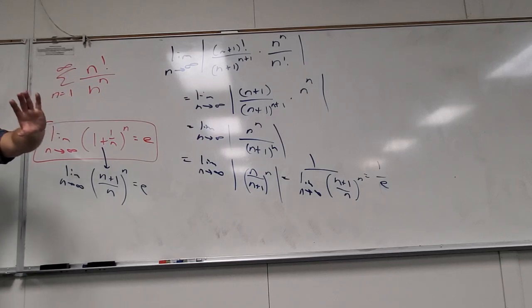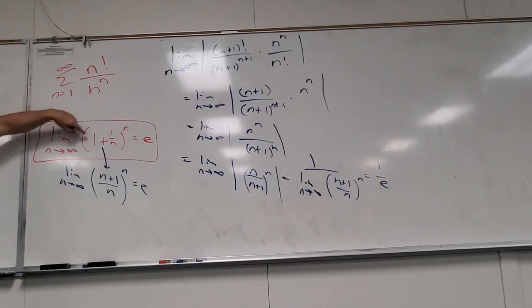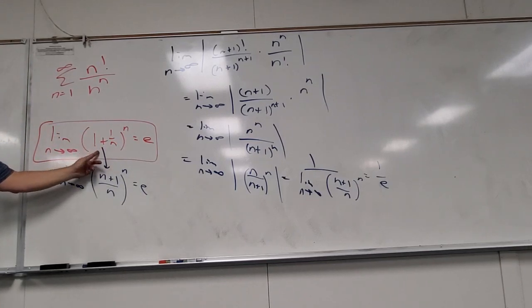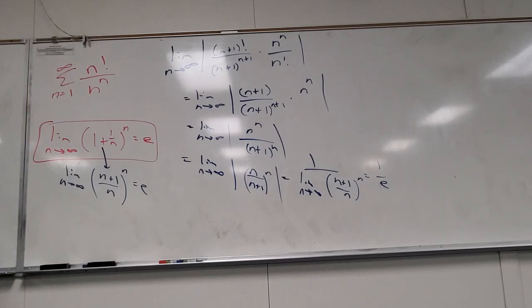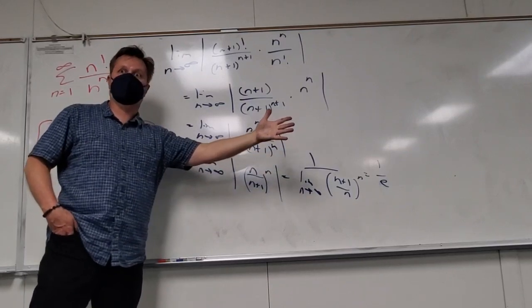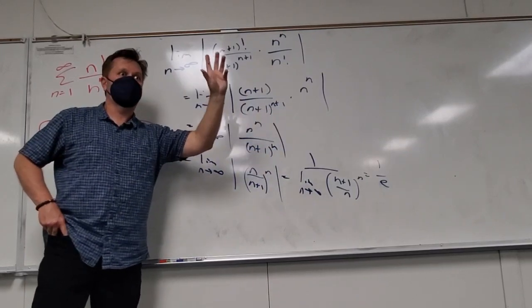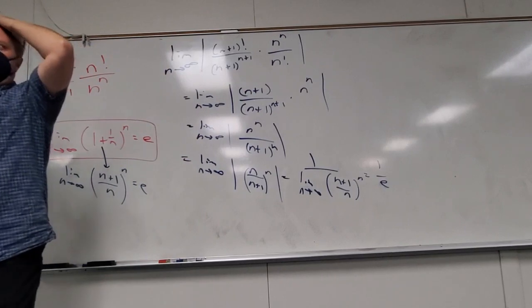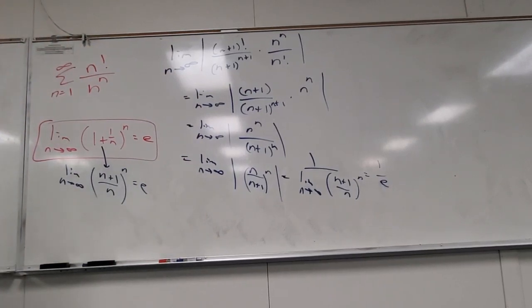Didn't we do that last time in here together? Now that we did the work, if I see 1 over this, 1 over e, I already did the work. Now don't get too excited, you're going to see stuff that's not quite that, so you're going to have to actually do the logarithmic L'Hopital business.